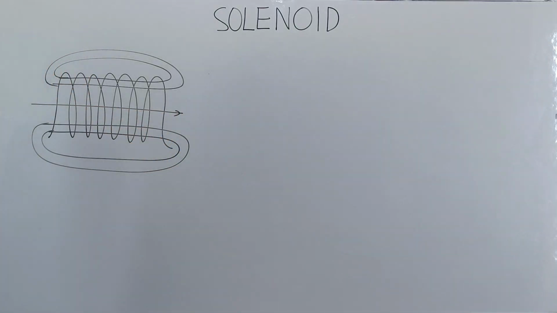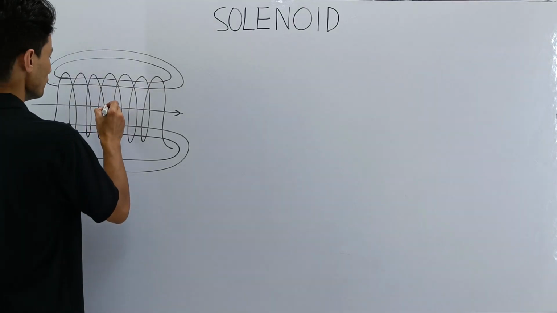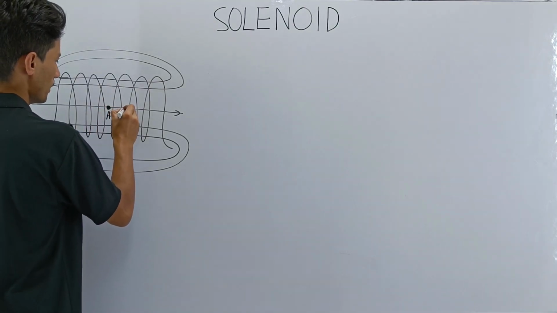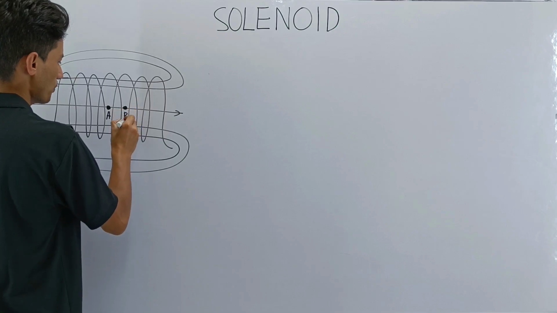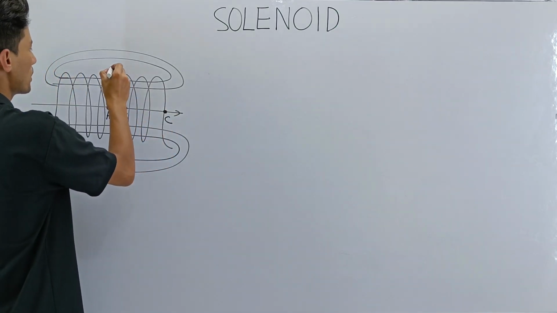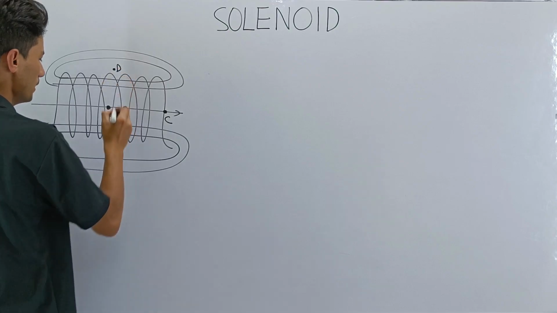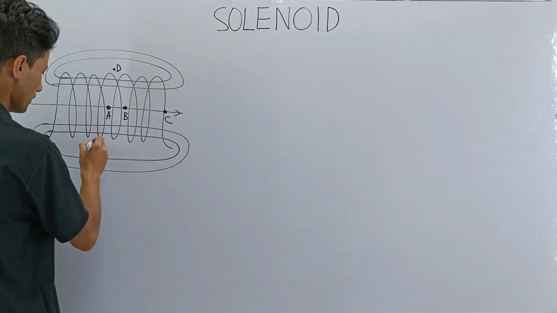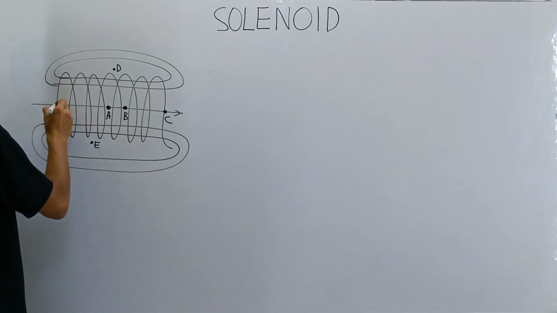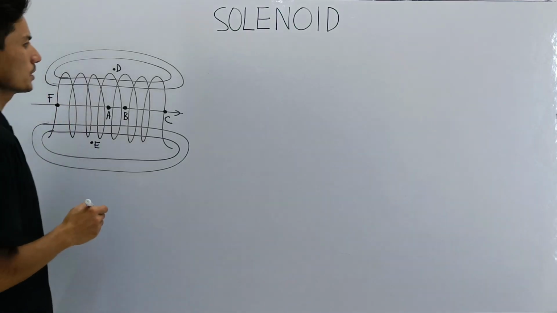Now let's indicate some points. Let there be a point here, let's call it point A, and let this be another point, point B. Let there be another point here, point C. A point here, point D. A point here, point E. And a point here, point F. What is the question?